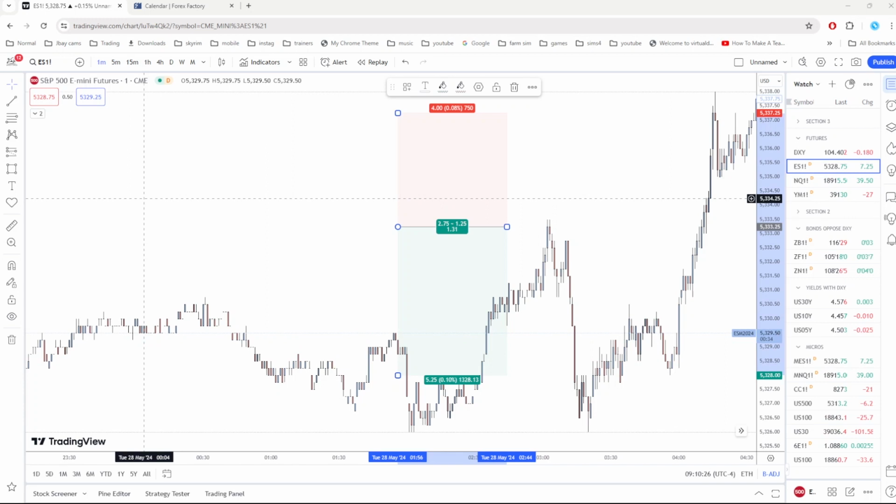And just by looking at the 2022 mentorship itself, you can use any one of the PD arrays that you want in place of the fair value gap. And ICT says himself you can just replace that fair value gap with an order block or a breaker block or whatever tailors to you. That is what you use.